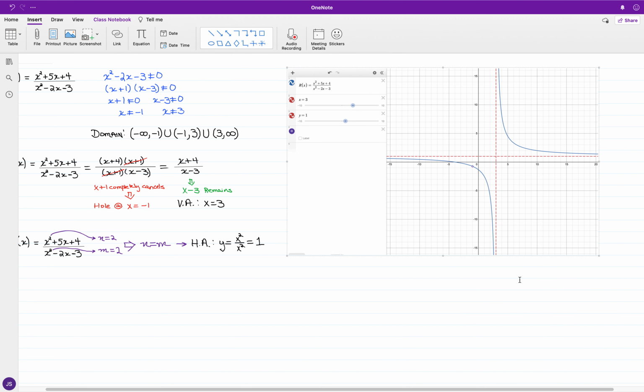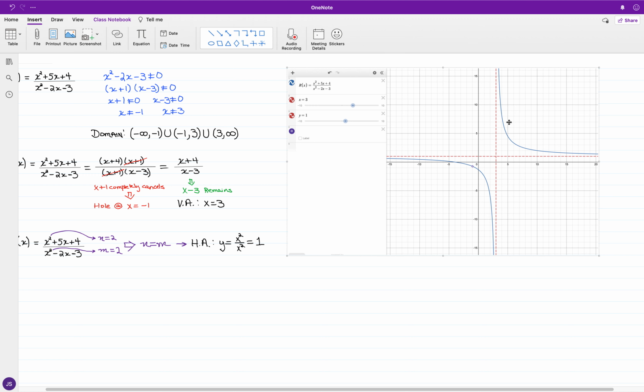So you've got r of x, x squared plus 5x plus 4 over x squared minus 2x minus 3. So you're going to have these curves in blue. So you have r of x split into two different sections. And that is thanks largely in part to the vertical asymptote x is equal to 3. So this will be symbolized by the dashed vertical line.